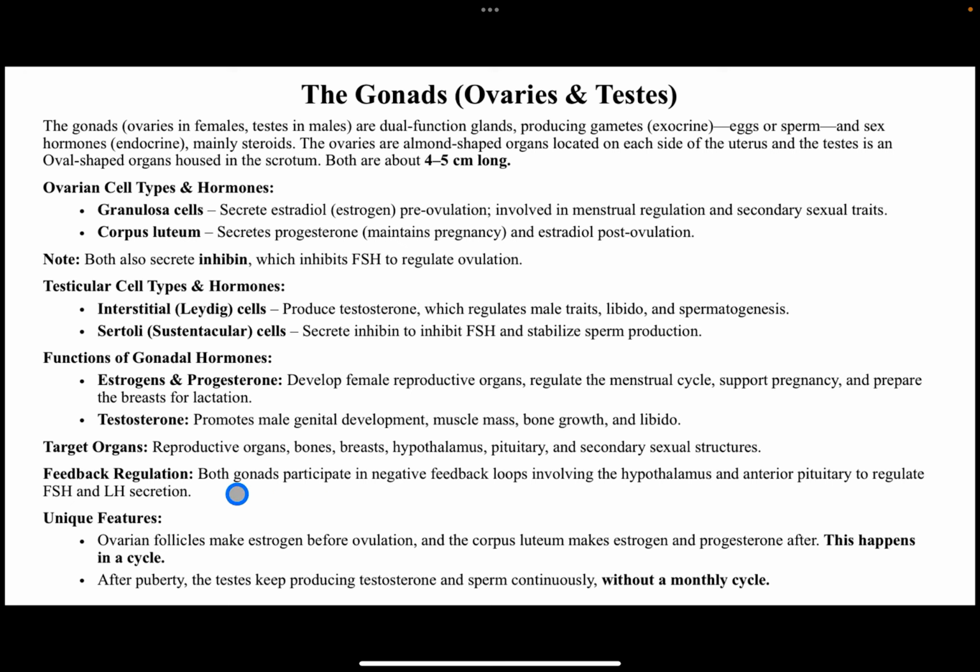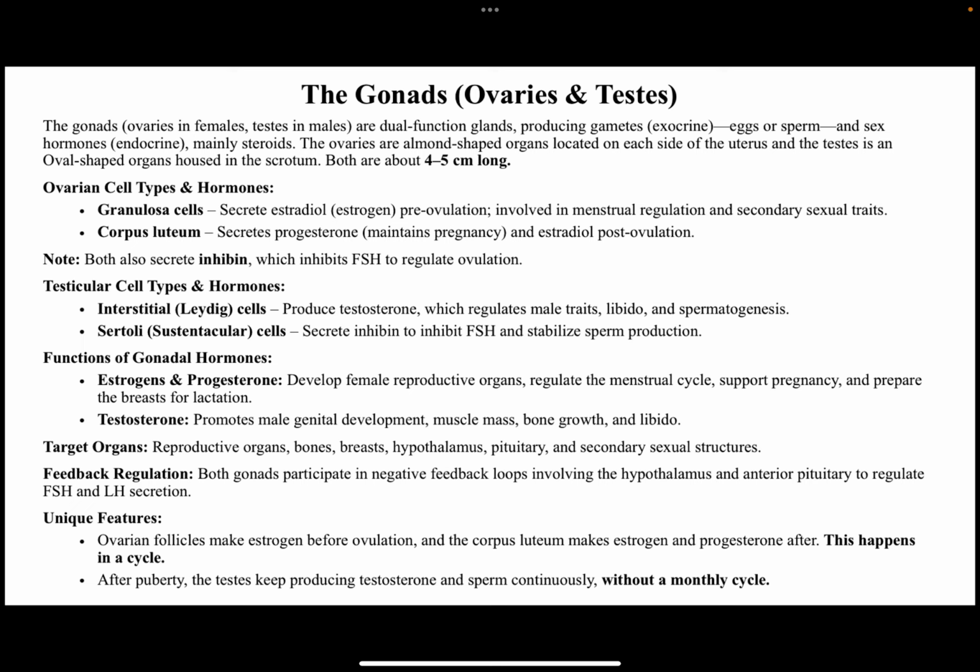Apart from that, the gonads and the hormones that they produce are regulated by feedback regulation. Both of the gonads participate in negative feedback loops, which involve the hypothalamus and the anterior pituitary, to regulate follicle-stimulating hormone and luteinizing hormone secretions.